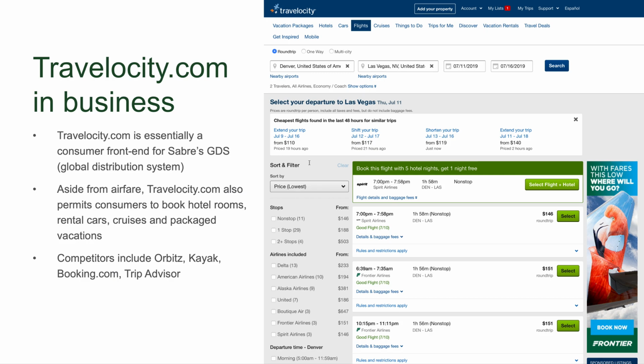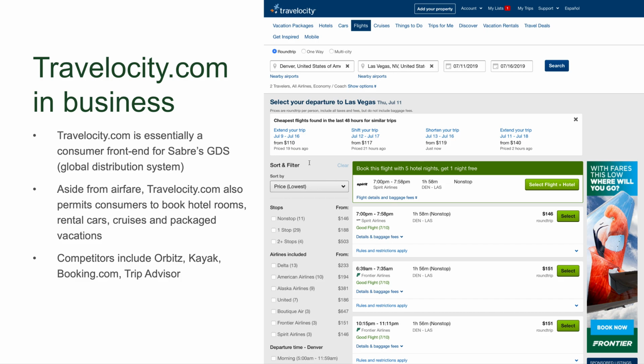And again, Sabre is the company that provides the electronic airfare booking, and has been in that business since the 1970s. So today, outside of airfare, Travelocity also enables consumers to book hotel rooms, rental cars, cruises, and packaged vacations, again by going to Travelocity.com and searching for the trips they're looking for.